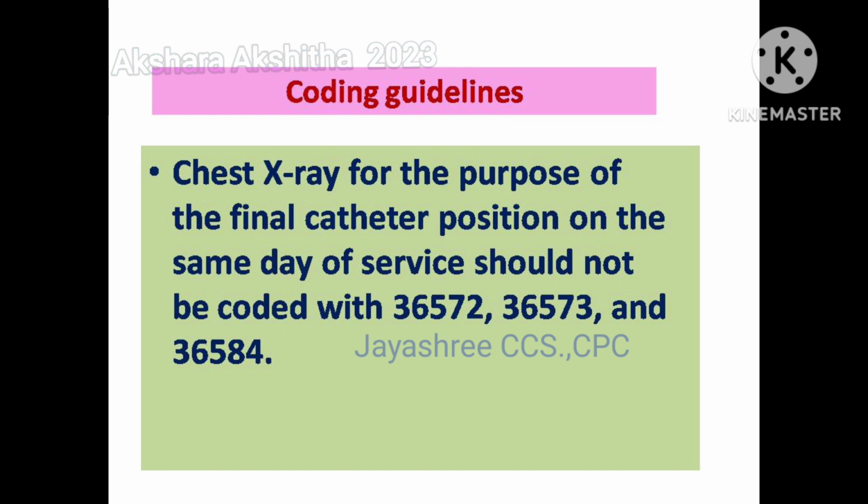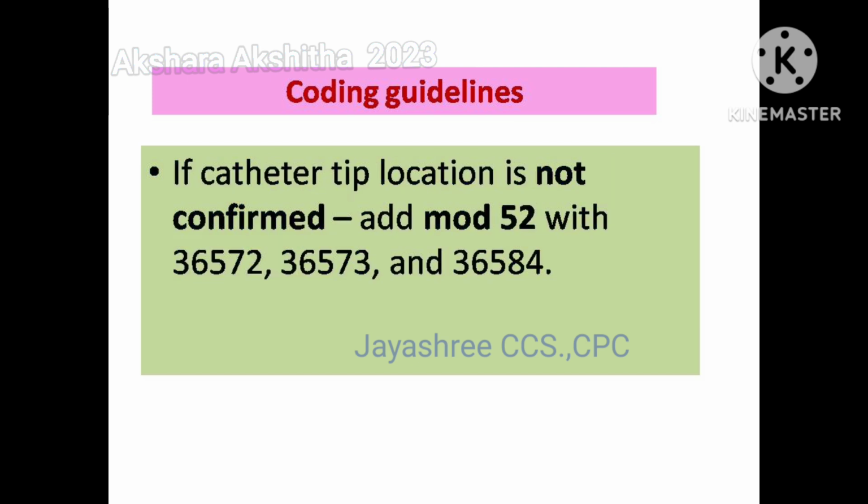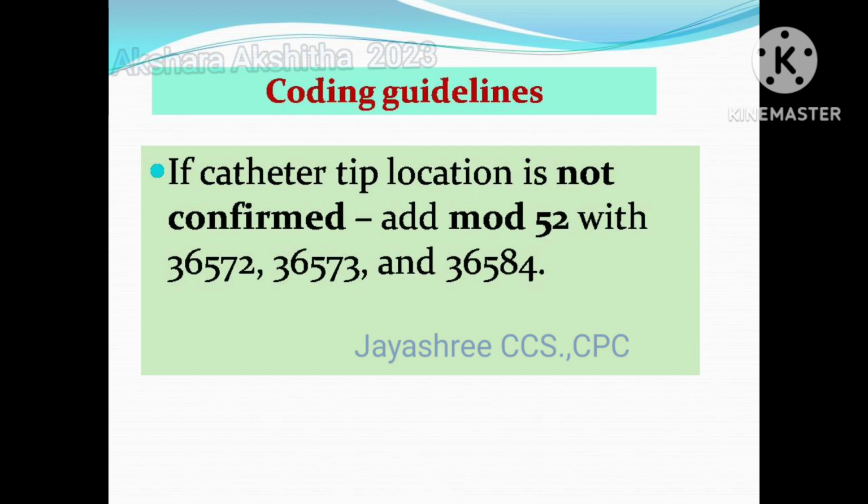Day services should not be reported with 36572, 36573, 36584. If it is to check the position of the catheter after the procedure, we should not bill a separate chest x-ray code. Then if the catheter tip location is not confirmed, we should add the 52 modifier with 36572, 36573, 36584.